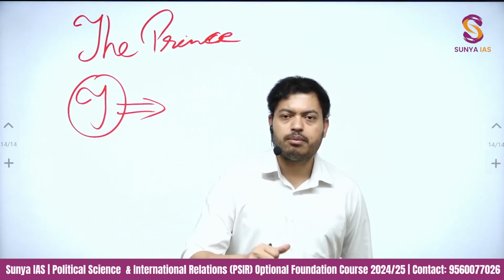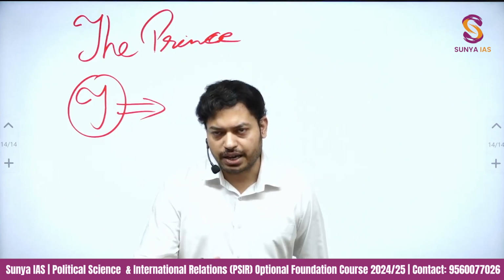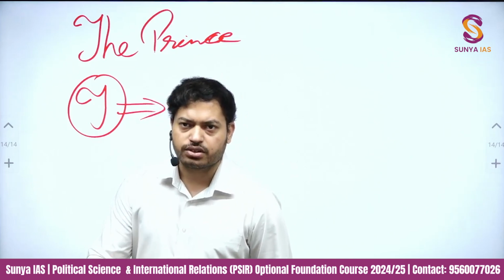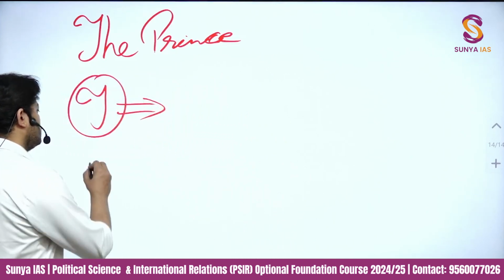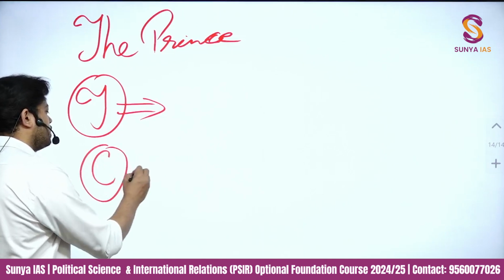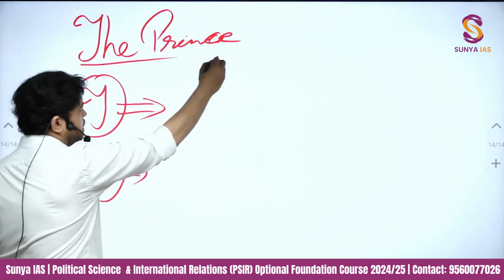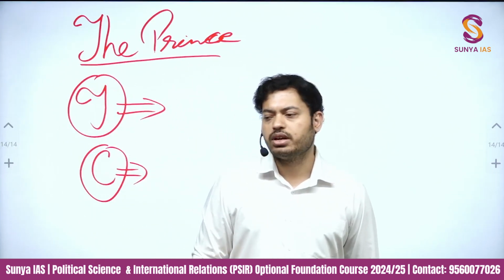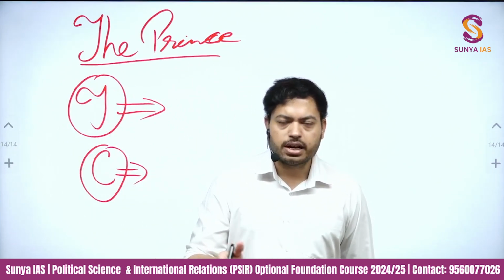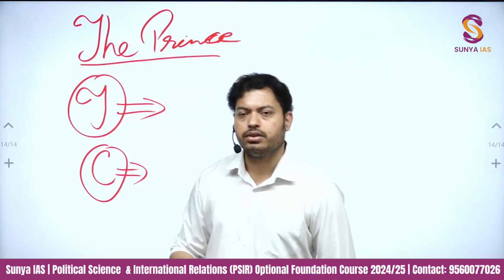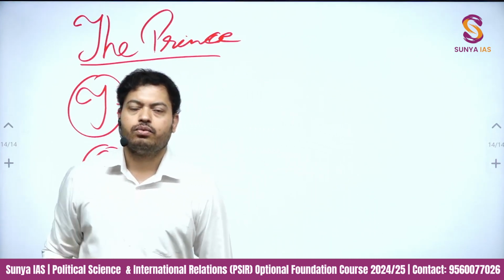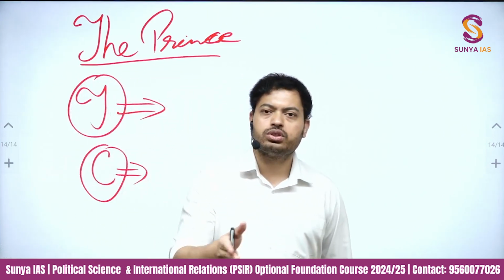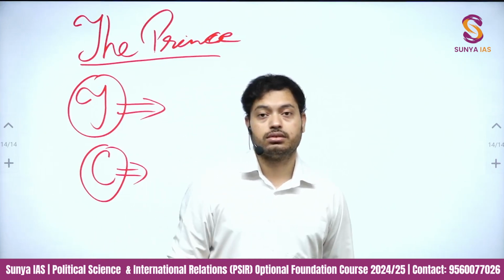Now, when we compare Machiavelli's text with another text written at a nearby time, you need to understand that The Prince was written in the 16th century. In the 17th century you have a scholar like Thomas Hobbes. You can compare Hobbes's idea of the state with the Machiavellian idea, and only after comparing that can you say he is ruthless.